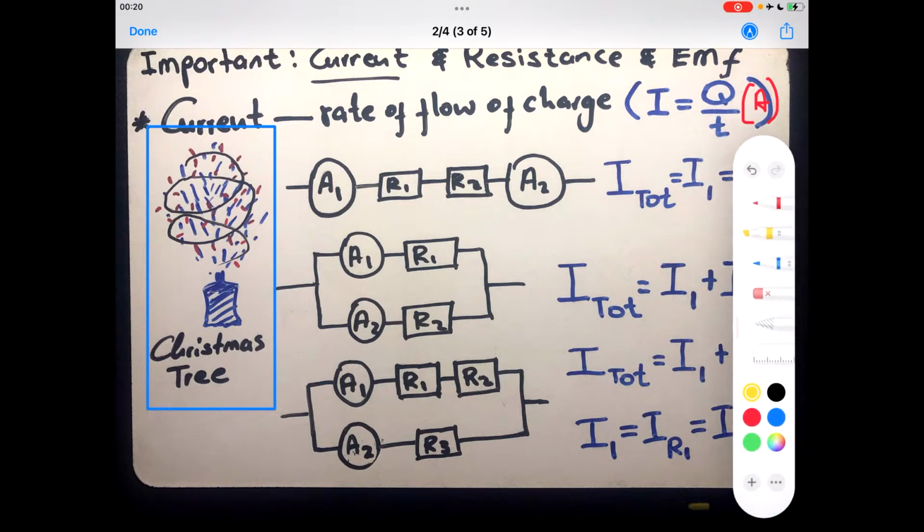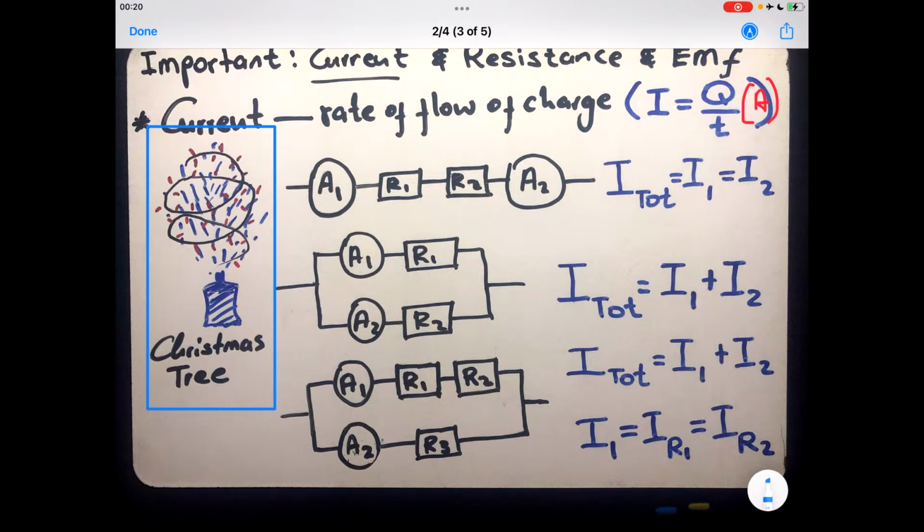Okay, so this is what you can think of, honorable members. Think of water flowing inside a hose pipe. So the water is going to flow smoothly inside a hose pipe.